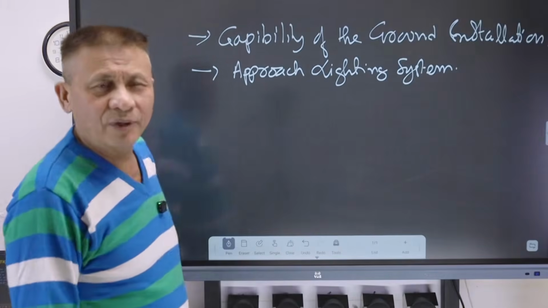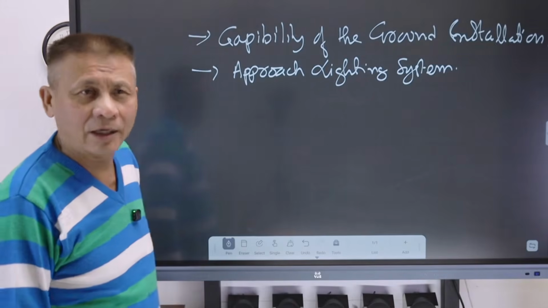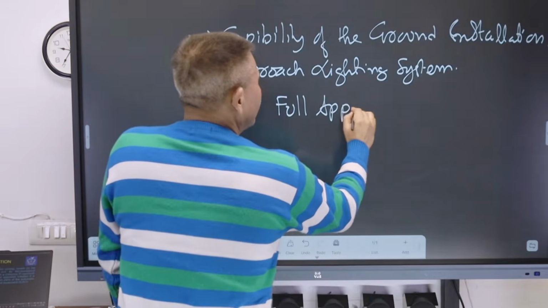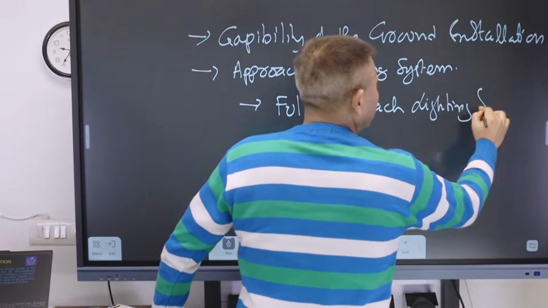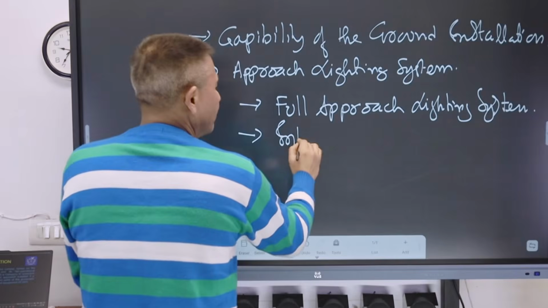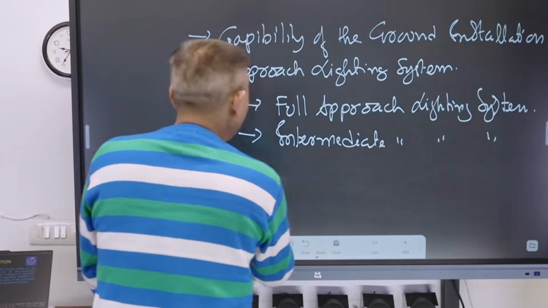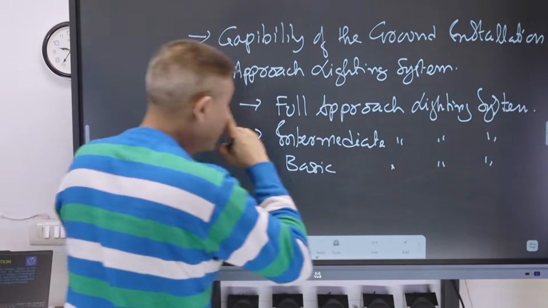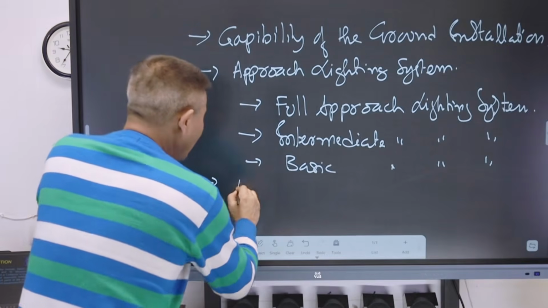The approach lighting systems are categorized, depending upon the length of the approach lighting system which is available, into full approach lighting system, intermediate approach lighting system, basic approach lighting system, and thereafter the capability of the aircraft itself.